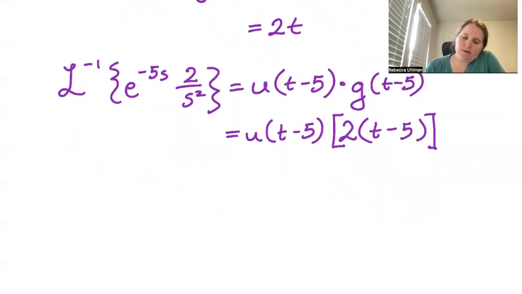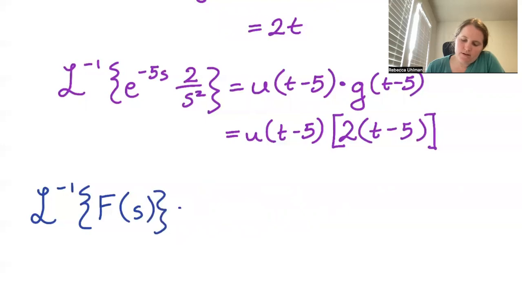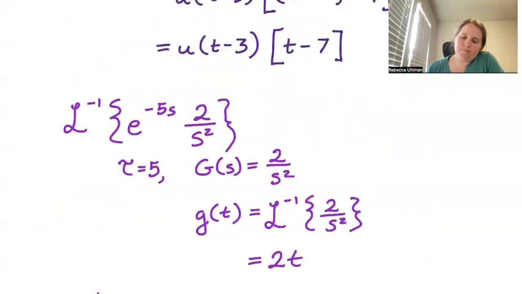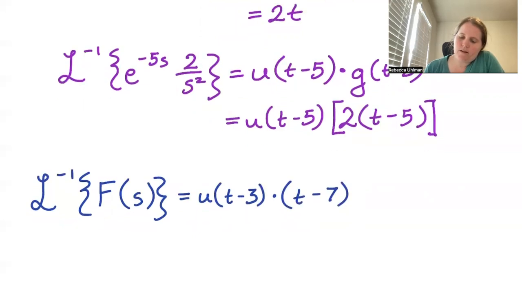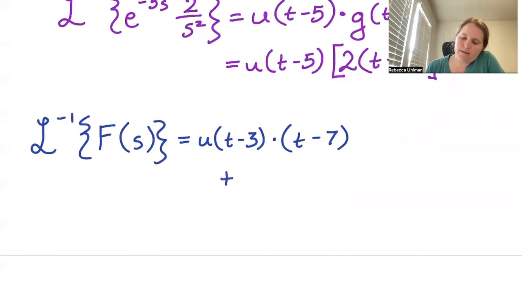So putting together our total inverse Laplace transform of capital F of s, it is just these two added together. So we have u of t minus 3 times t minus 7, and then plus u of t minus 5 times 2t minus 10.